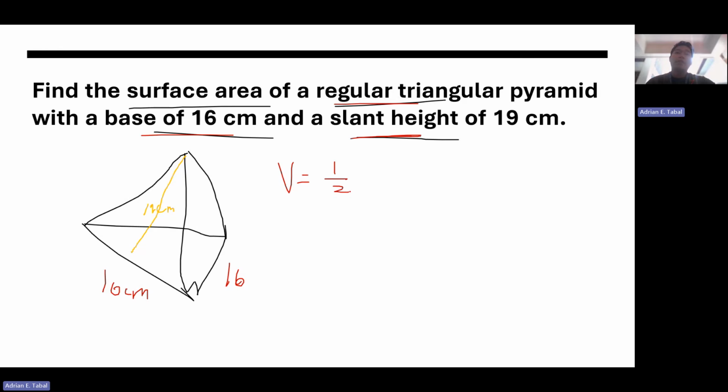So the base area is 1/2 base times height, plus we have 3 times 1/2 base times height.